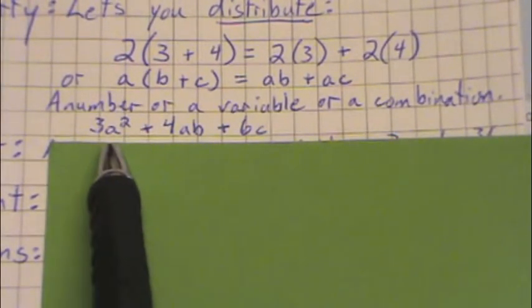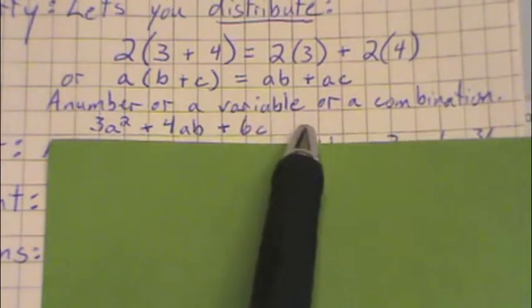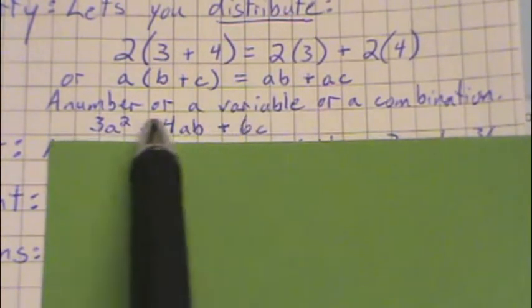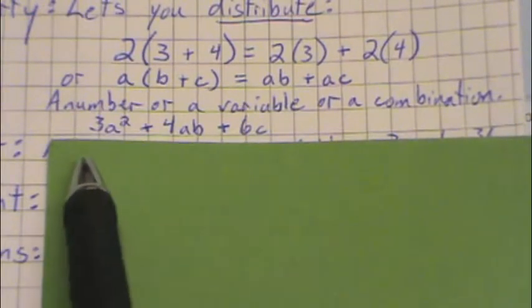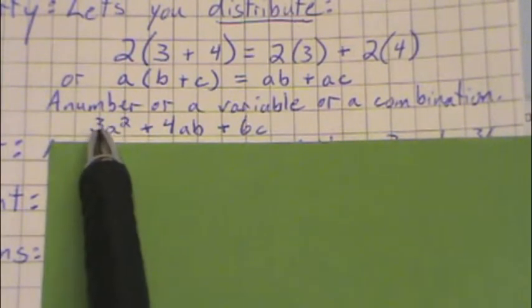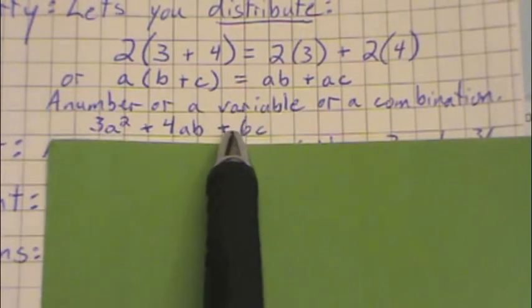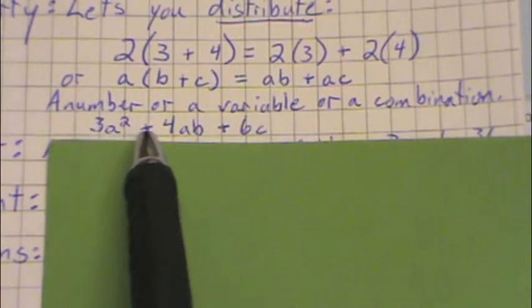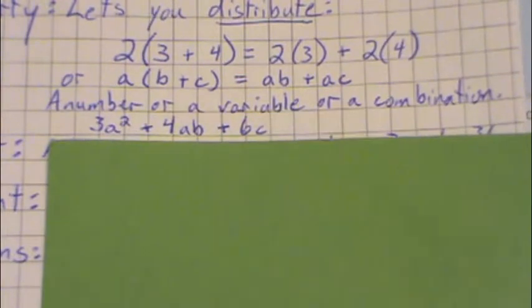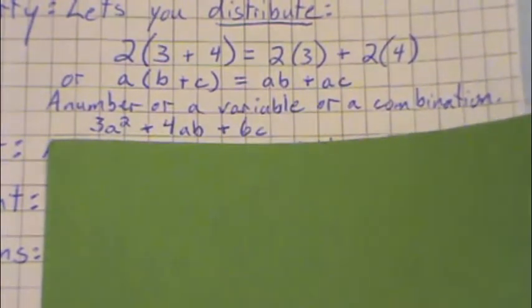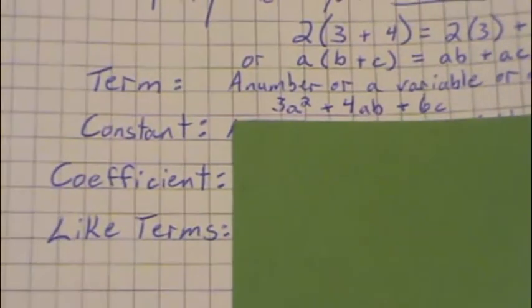For example, this, it's not even an equation here because I didn't set it equal to anything. This addition problem, 3a squared plus 4ab plus 6c. Each of these things, 3a squared is one term, 4ab is another term, 6c is a third term. There are 3 terms in this math problem.